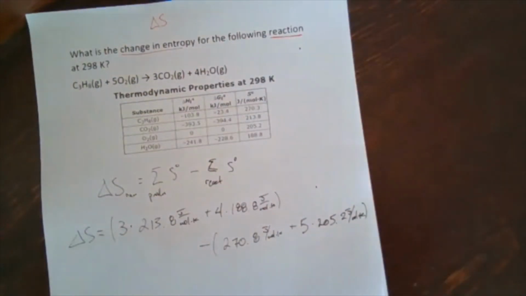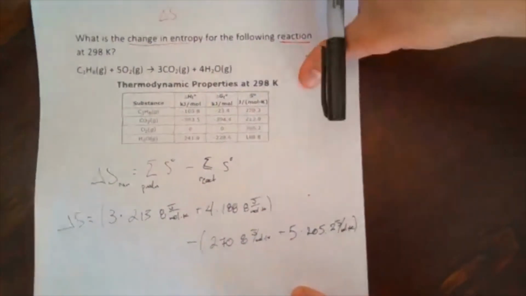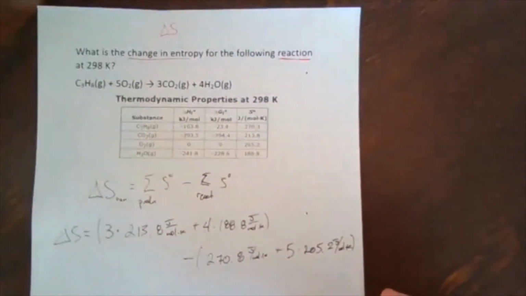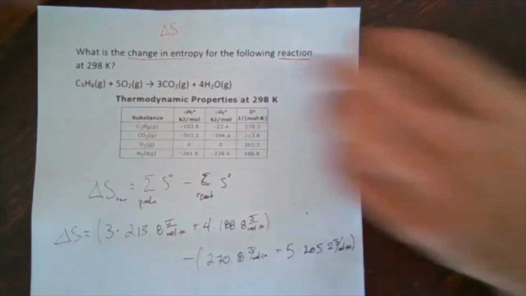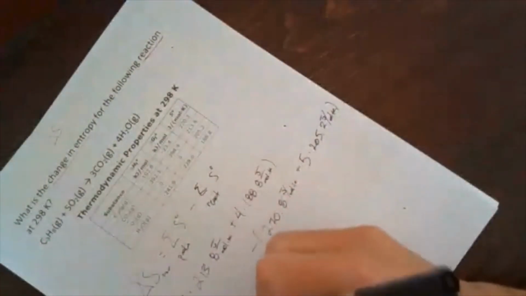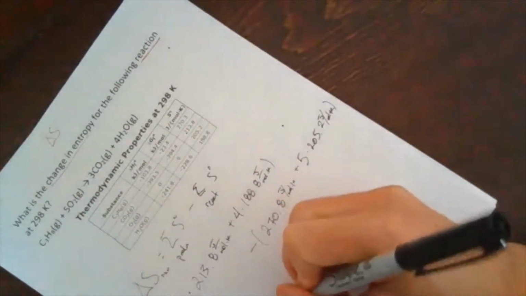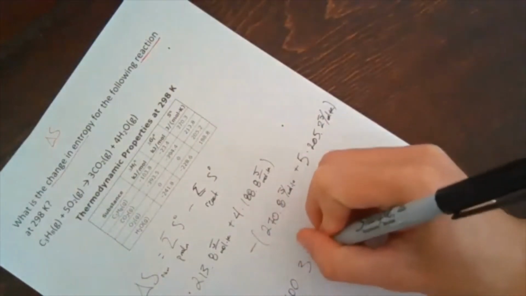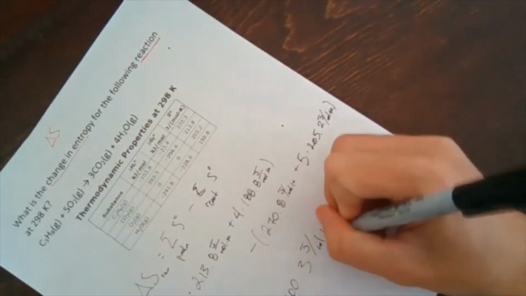We want to find all of that reference information, arrange it, plug it in, and then it's just a matter of doing the arithmetic of all of those parts, putting them all together, and we get that delta S is equal to 100.3 joules per mole Kelvin.